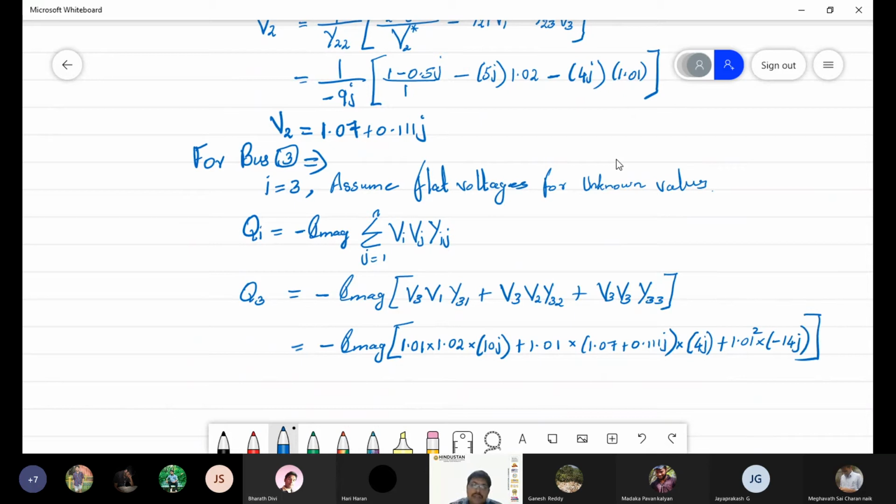Now if you calculate, you will get the values in terms of a plus jb. You need to take the b alone, the negative part of b alone. So once again, minus imaginary of, now you multiply and tell me the value. We can substitute directly. Listen, I will wait for another 2 minutes. Please substitute and tell me the answer.